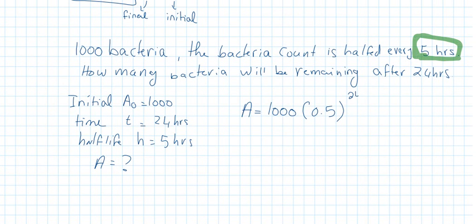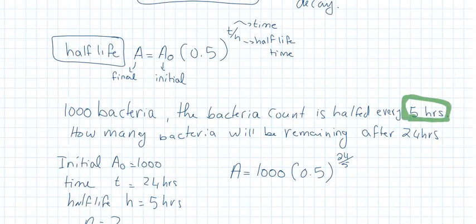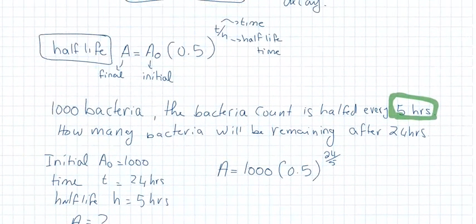So you see that A0 is 1,000. That's my initial amount, 0.5 because it's halved. T is I'm looking after 24 hours, so that's T. And then H is my half-life time. And I can put that in the calculator and I can get how many I have left after 24 hours.